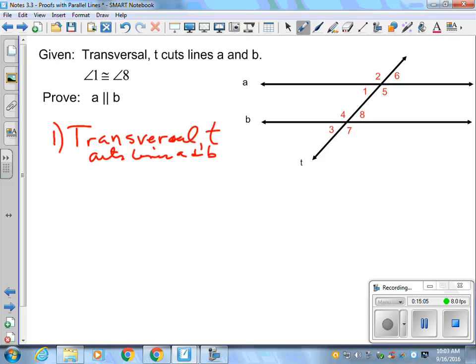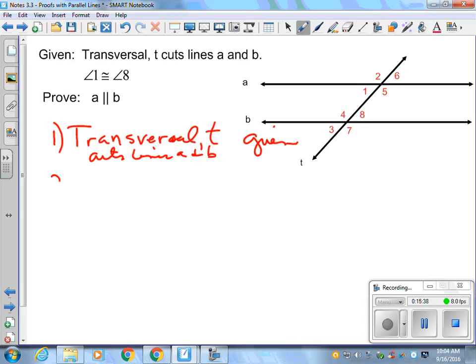There's nothing in there that says they are, so we're going to try to prove that. In order to prove that, we've got to be able to have some angles that we do know something about and work with them. So first of all, you can always do something with vertical. And you could always do something with corresponding. But the key here is they gave me 1 and 8 as alternate interior, and so they want me to use that. So I'm going to try to show you how we can use that. So this is our given.